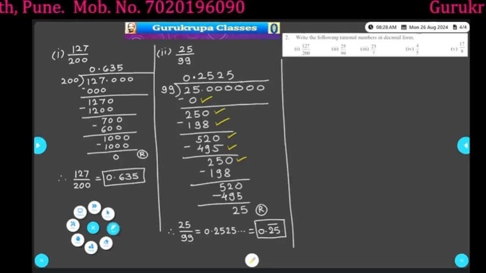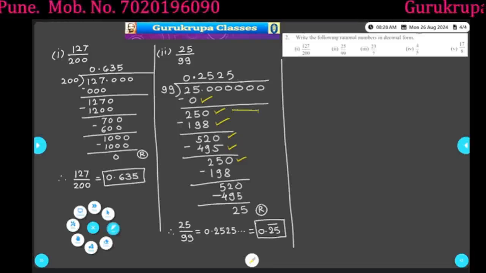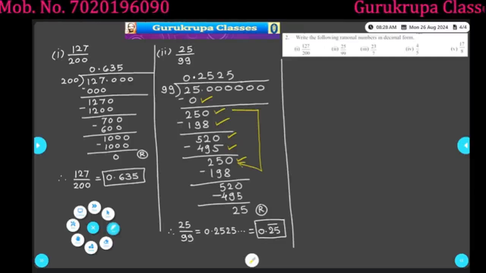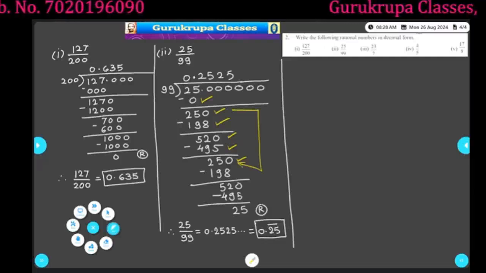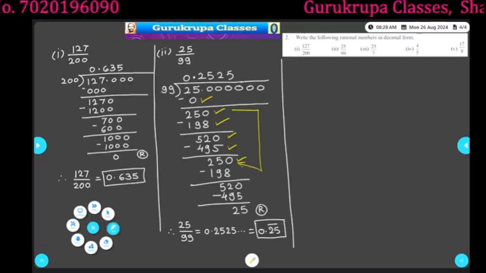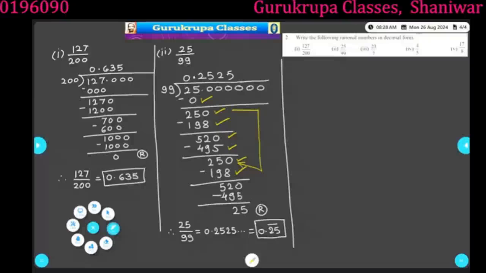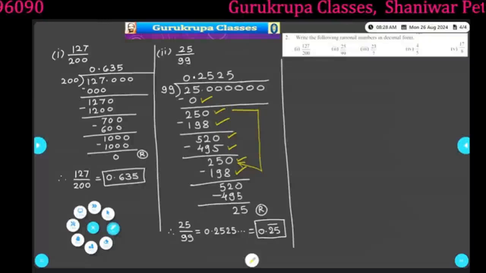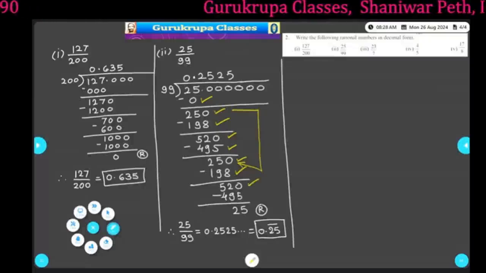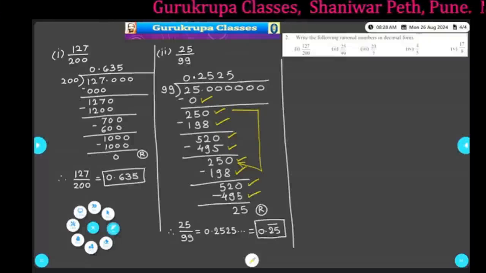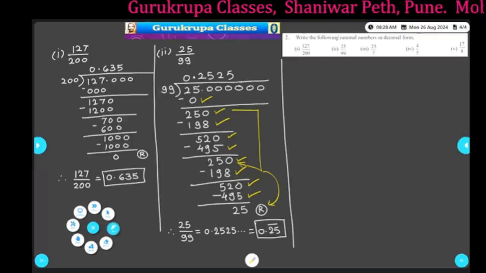250. So if you observe here, we get the remainder 250 again and again. So we carry the division one more time. 99 twos are 198, remainder is 52, adding 0, new dividend is 520. Again 99 fives are 495, and we get remainder 25. Again we get remainder 25.